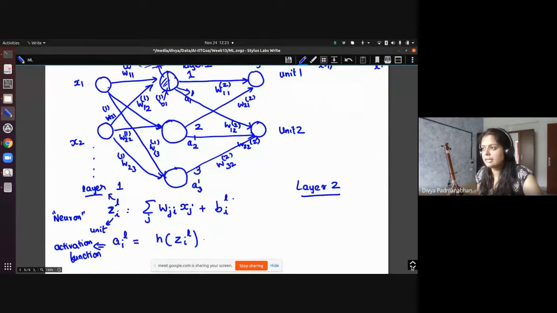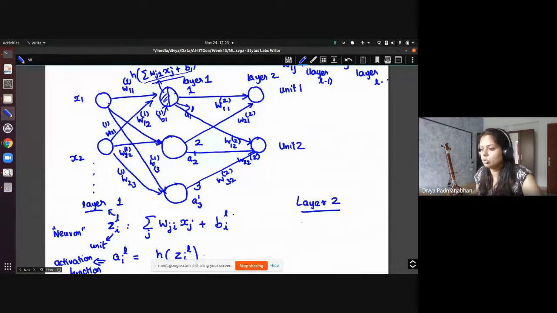Let's try to write the outputs. What is going to be Z12? Can you tell me? Now what you have to use is the output from the previous layer, so it's just going to be Aj of L minus 1.